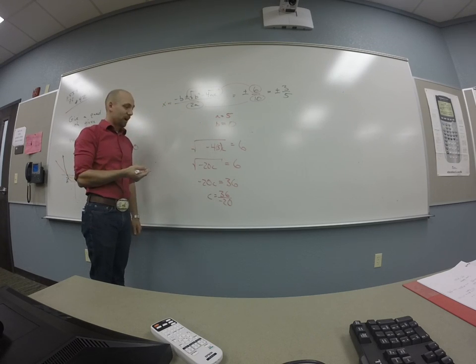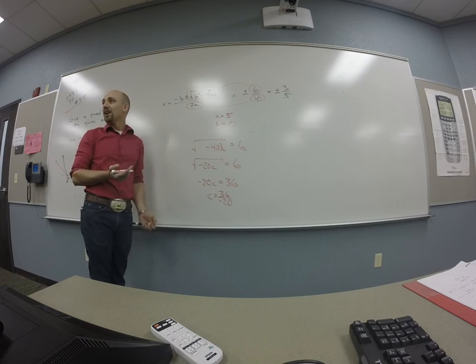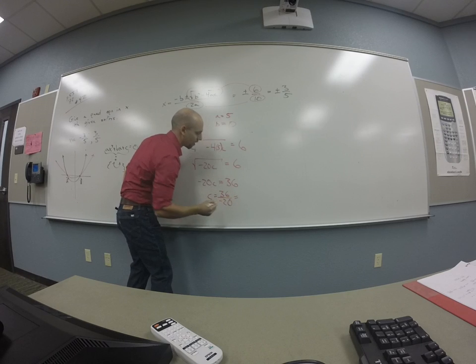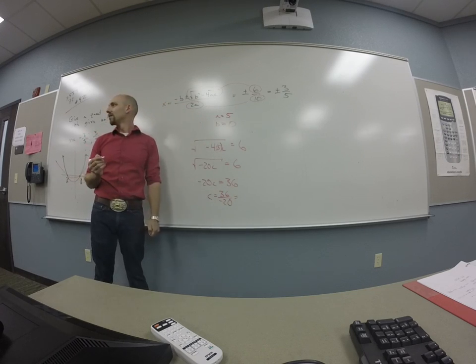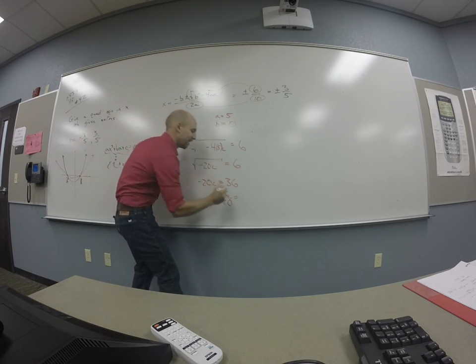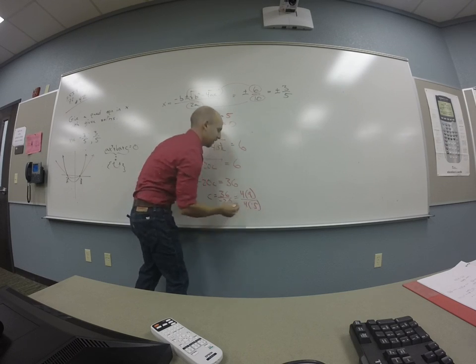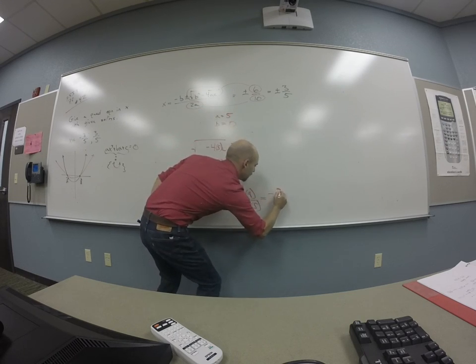Which is kind of a horrible fraction, but it's a fraction, right? So we can simplify. What can we factor out of top and bottom? A 4, right? The top is 4 times 9, and the bottom is 4 times negative 5. So I get negative 9/5.